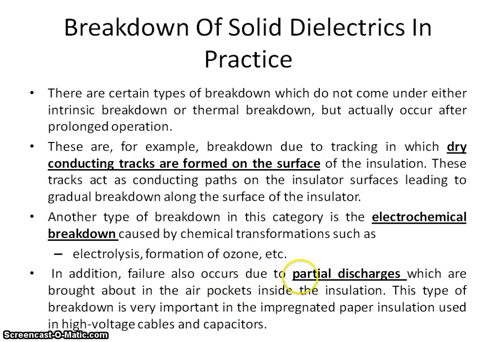Because of the sparking, carbon particles are produced and it produces a permanent track on the insulating material. This type of breakdown is very important in the impregnated paper insulation used in high voltage cables and capacitors.